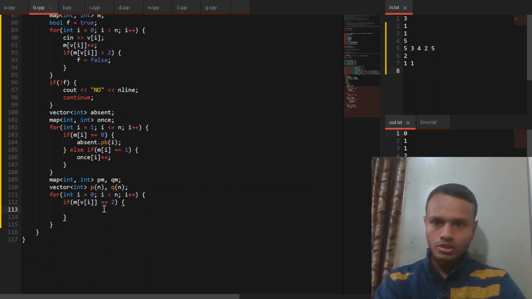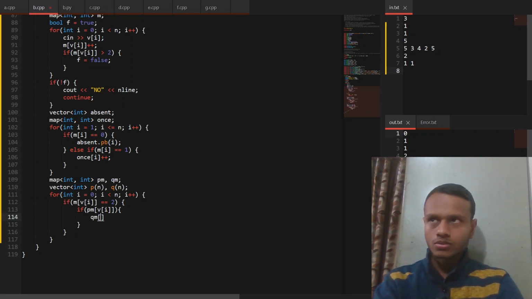Now if m of v of i is 2, then if pm of v of i is greater than 0, then it's time to put it in qm, right?